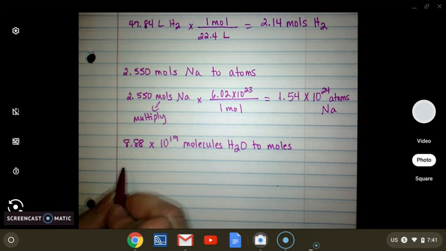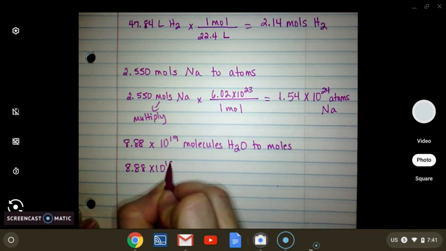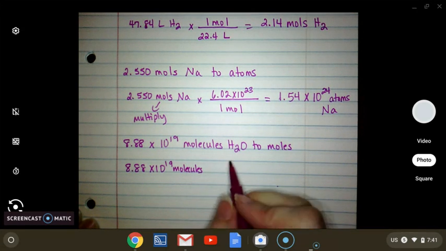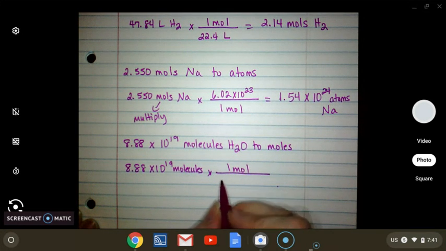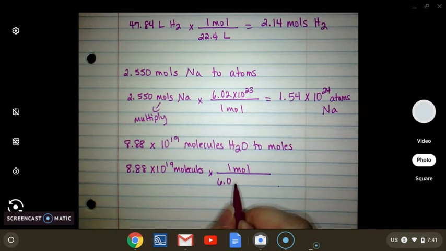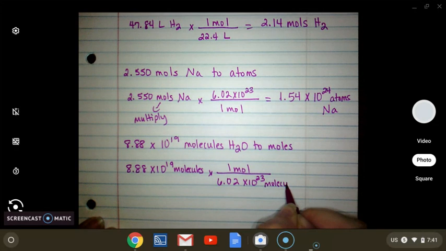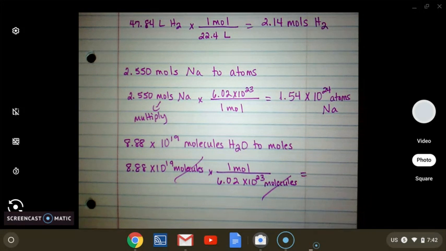So you're going to take your 8.88 times 10 to the 19th molecules. And remember, 1 mole goes on top with this. And you have your 6.02 times 10 to the 23rd molecules. So you mark those out.